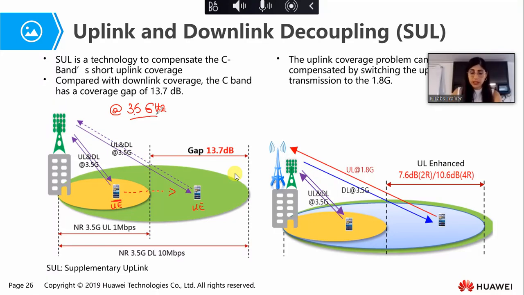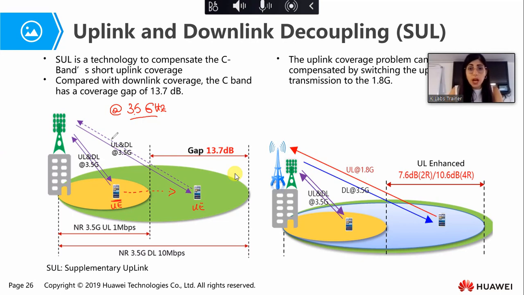But in uplink, if our user equipment sends a signal at 3.5 gigahertz and it is far from the base station, the quality has too much degradation, so the signal cannot reach the base station.